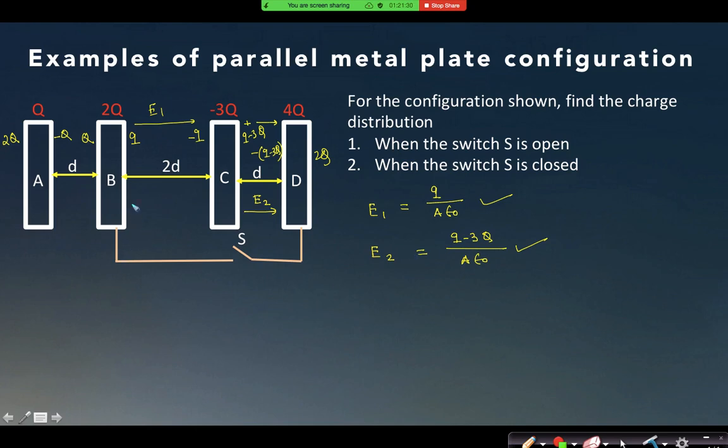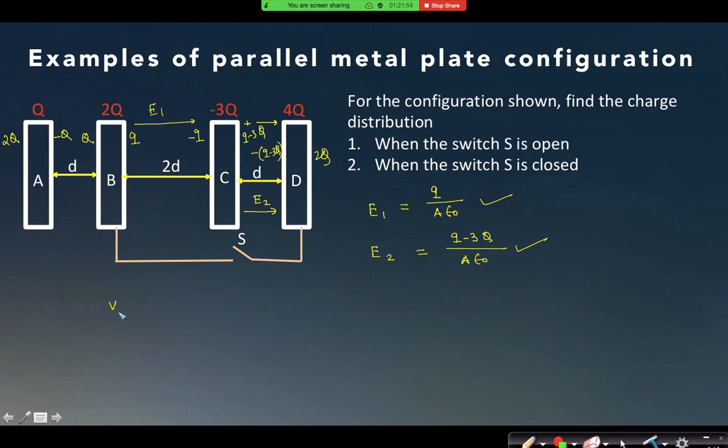Now you can see that as I move along the electric field line, the potential will decrease. Do you remember that? And as the electric field is uniform, what is the potential difference? E into D only, 2D. Yes, here E into D, 2D.